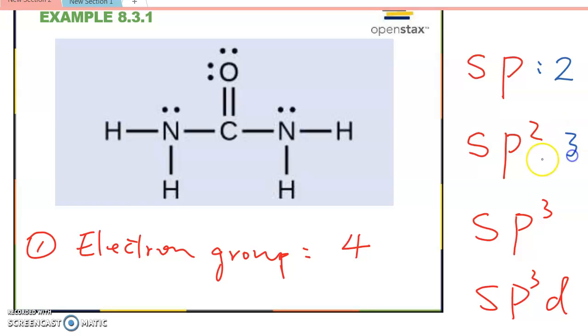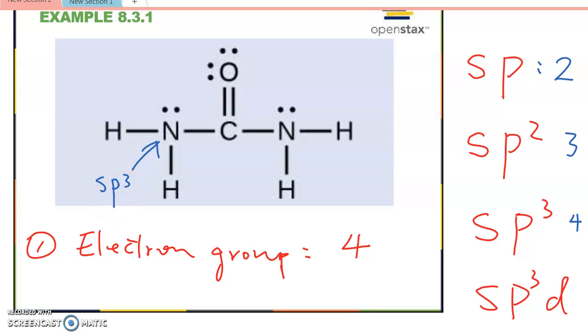This one should have 3 electron groups. How do I know that? 1 from the s plus 2 from the p, 1 plus 2 equals 3. sp3 would be 1 plus 3 equals 4. So if I have 4 electron groups, it should be sp3 hybridization. The s orbital will hybridize with 3 of the p orbitals.